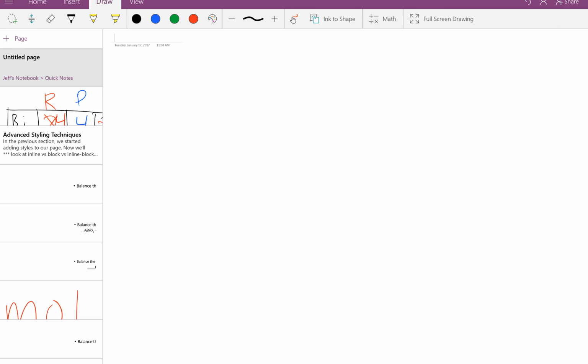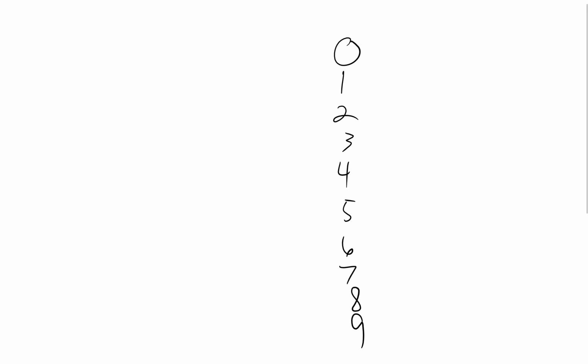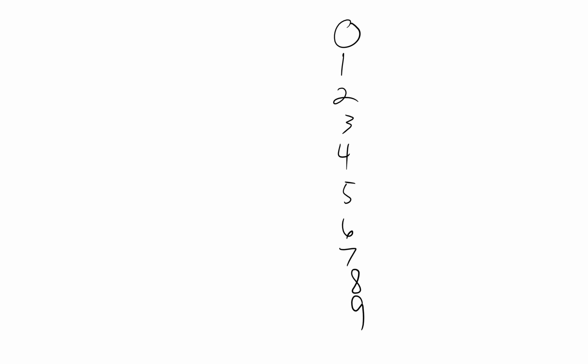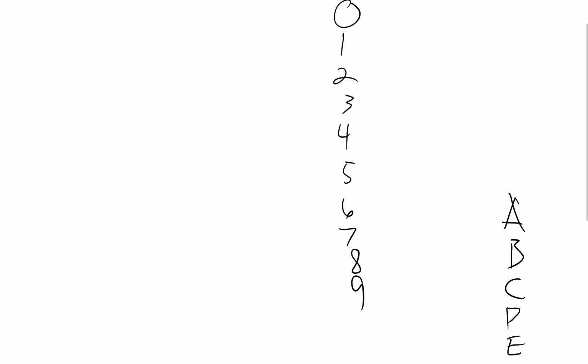When you have hex codes, it's kind of like a deck of cards where it counts up 0, 1, 2, 3, 4, 5, 6, 7, 8, 9. But then instead of going to 10, 11, 12, it starts with letters. So then it goes A, B, C, D, E, like that. And then all the way to F, which is the highest value.